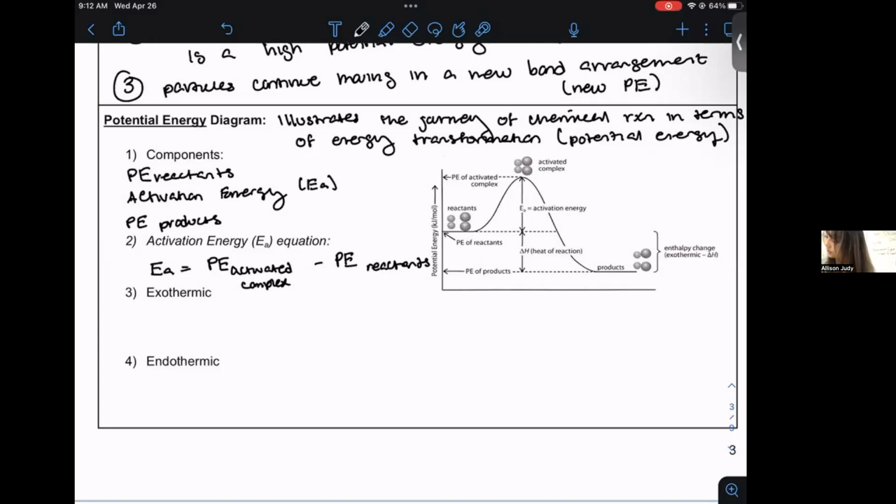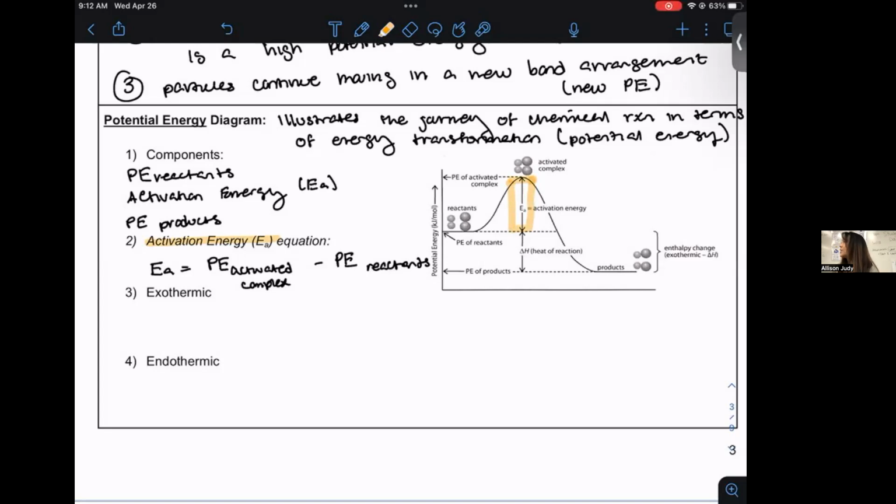So here the activation energy is this distance. Whatever distance in potential energy that equals is the activation energy, from where I start to where I need to climb up.